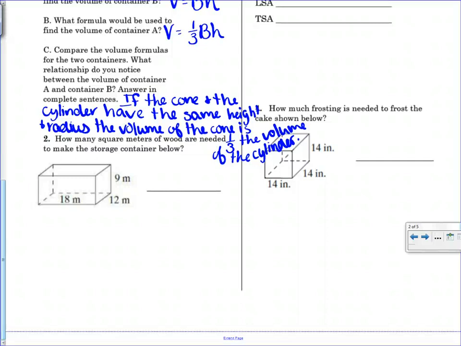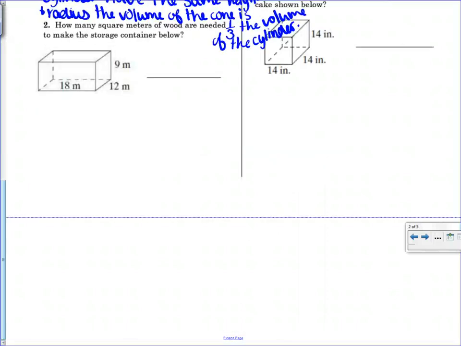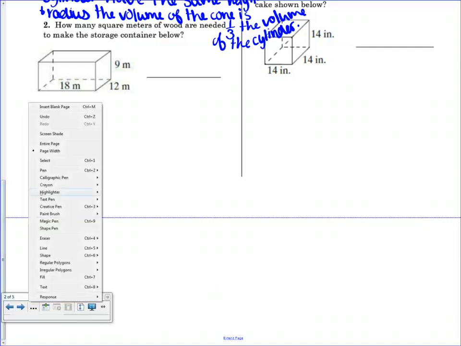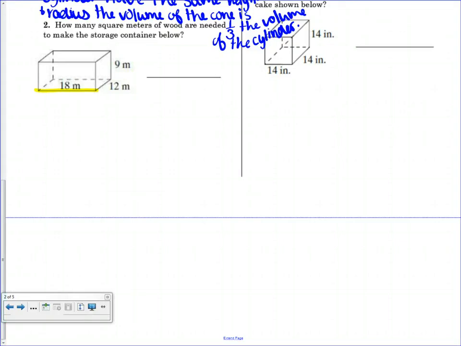Number 2. How many square meters of wood are needed to make the storage container below? So because we're building this, we're going to be finding the total surface area. Start by highlighting your base. So our base is this rectangle right down here. So once you know your base, you need to find the perimeter of the base and the area of the base.